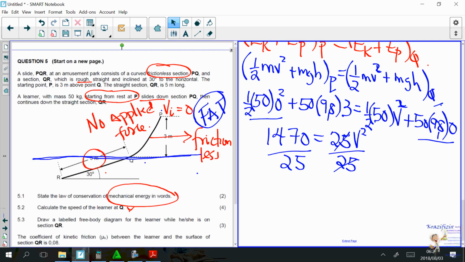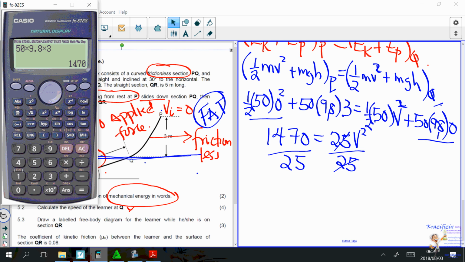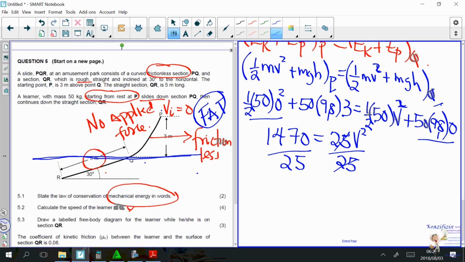All right, and then what am I going to have? Let's do this very slowly for everyone's ability to understand. We divide by 25. Okay, some of you see what I'm going to do already, and some of you already have the answers. 58,8 equals v squared. Now what do we do? It's a square there. Can we then square root both sides to remove the power 2 there?